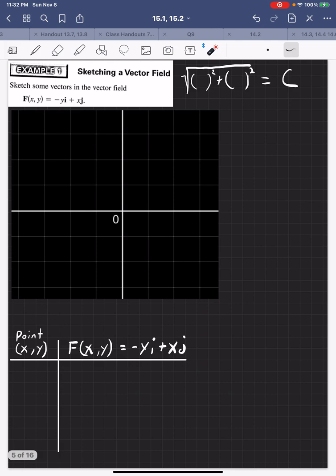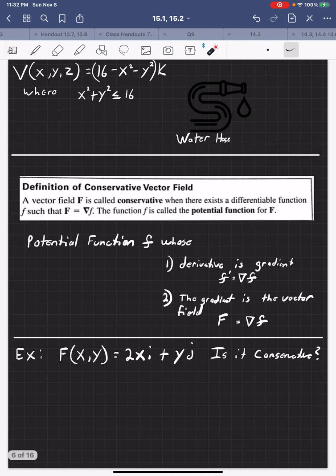All right. So we're going to be moving on to conservative vector fields, but really quickly, I'll ask you a quick question. Assume that you have water flowing through some type of water hose, and you wanted to sketch the velocity of the water through that hose, right?